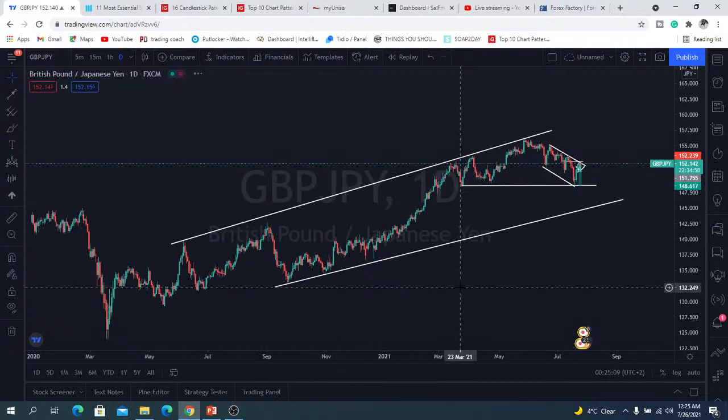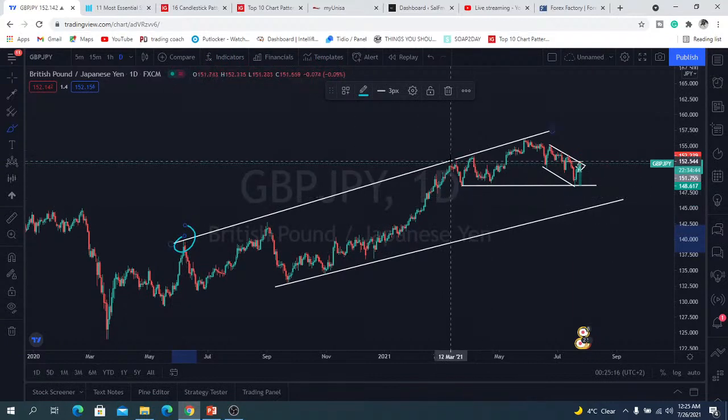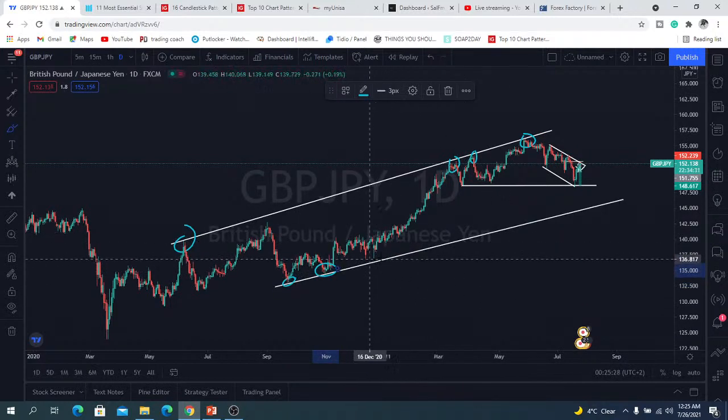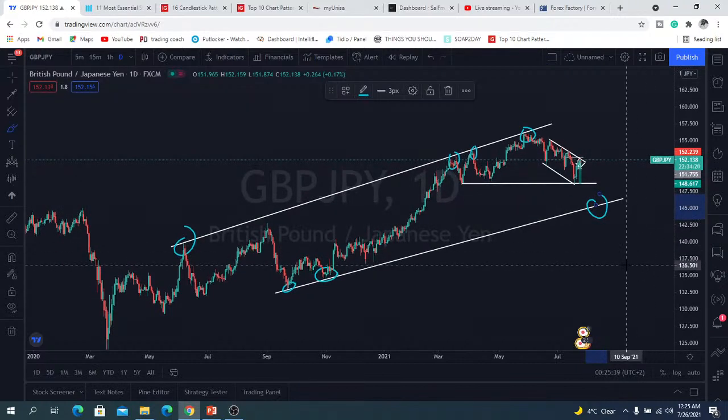So here is GBP JPY. I have my touch here, and here, and another one here. I'm not gonna count this one, and I'm anticipating another one right here, which might come after a few weeks or months.